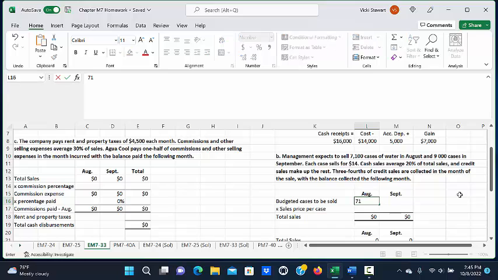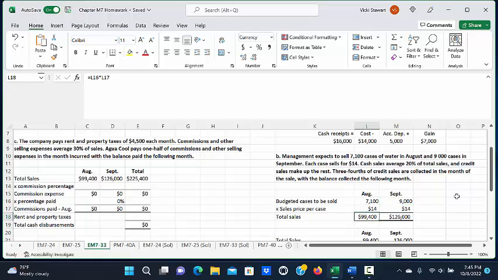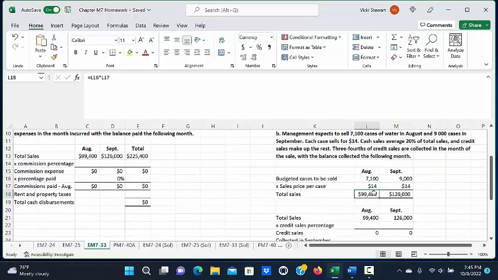So we take the number of cases that they expect to sell, which is 7,100 for August and 9,000 for September, and we multiply that by the $14 per case, which is the sales price. And that gives us our total sales for August and September: 99,400 for August and 126,000 for September.